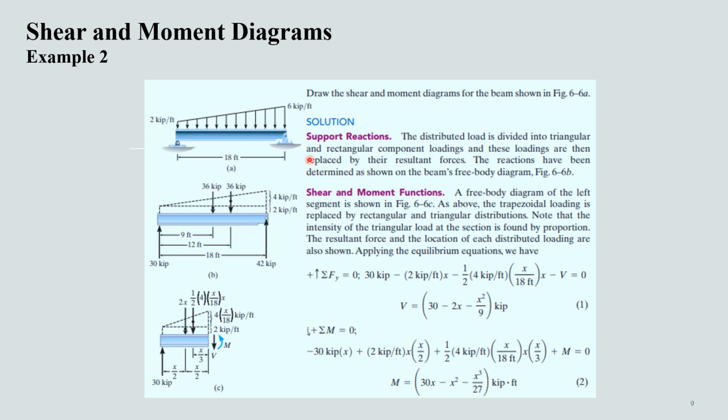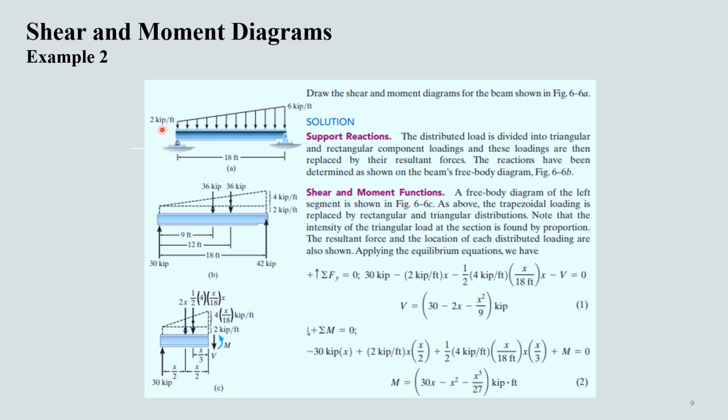So now we are on our second example. Now we have to draw a shear and bending moment diagram for a beam on which there is a combination of uniformly distributed as well as uniformly varying load. So in the first step, when we have to determine support reactions, we'll divide this load into two portions.